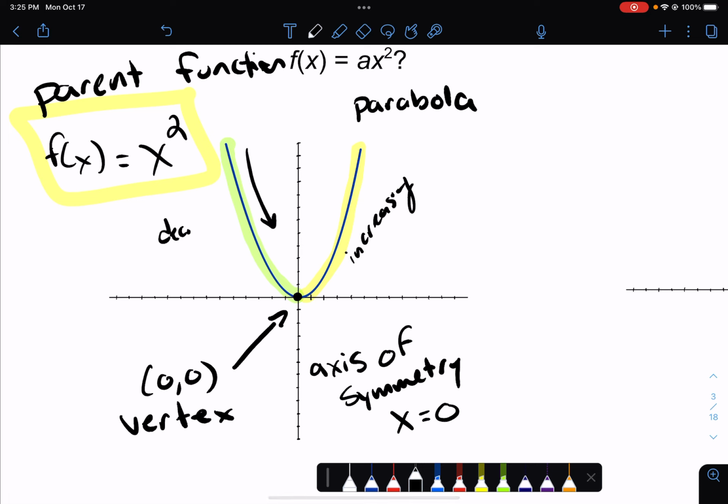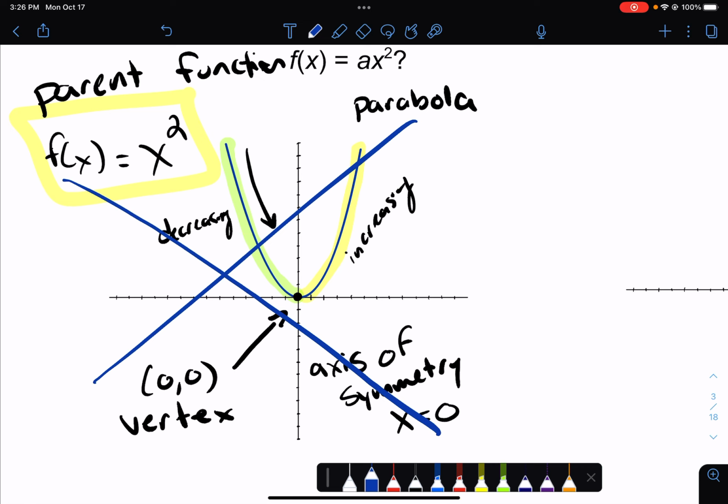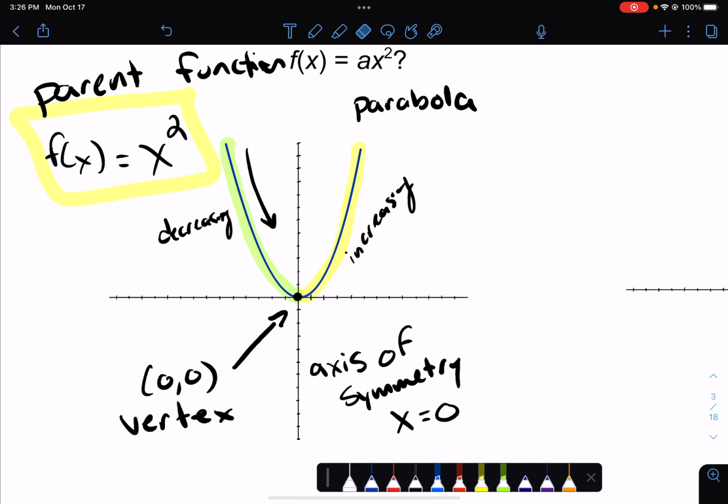So over here, my graph is decreasing, which we're not going to use all the time, but it's something interesting about the graph, especially because in the past, all you've really dealt with are lines, which are always increasing. But now we have this function that in some areas is increasing and in others is decreasing, which means it has a lot more application in the real world, which we'll get around to later.